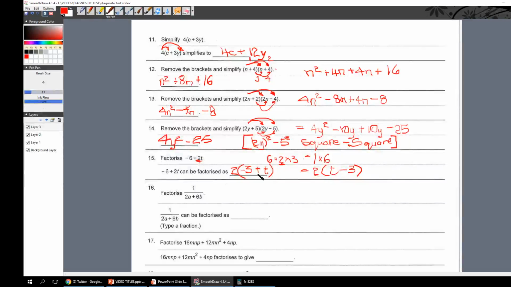Now what you can see there, of course, is if you remove the brackets, 2 times negative 3 is negative 6, 2 times t is 2t, so 2t minus 6. When you remove the brackets and simplify, that's going in one direction. Factorizing is putting it back in the brackets.